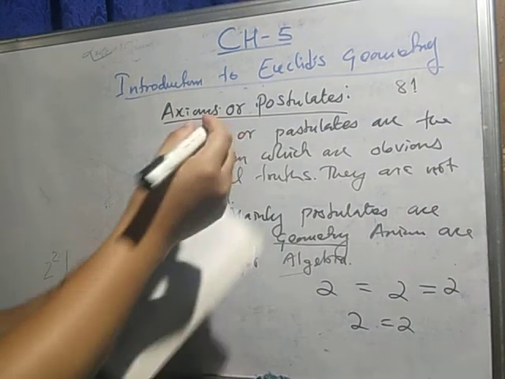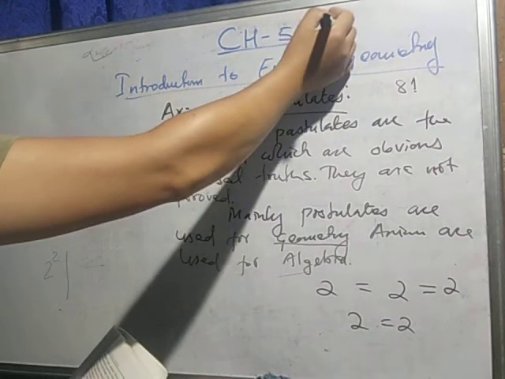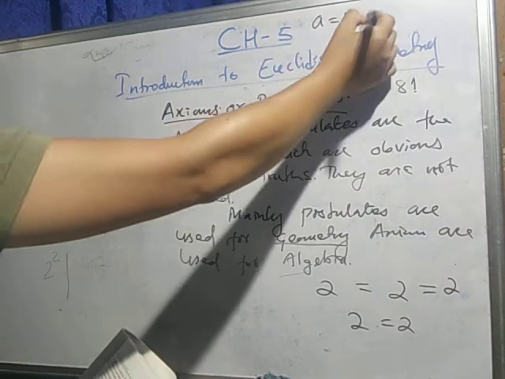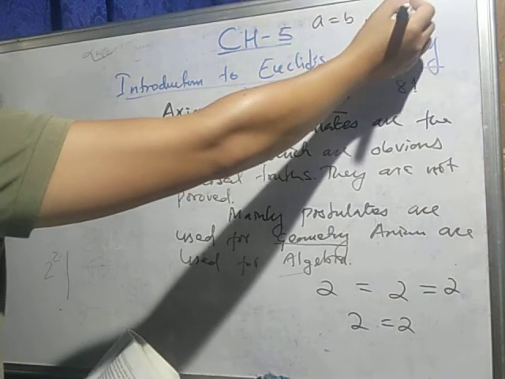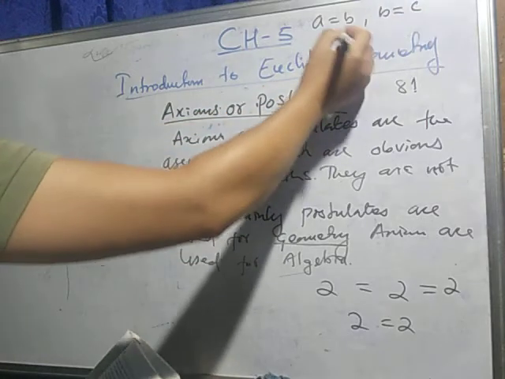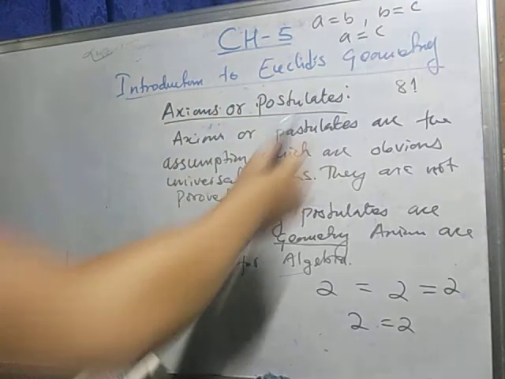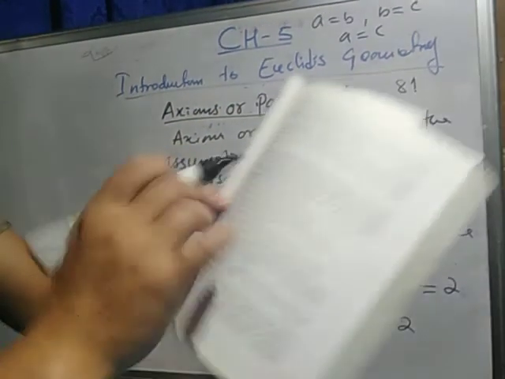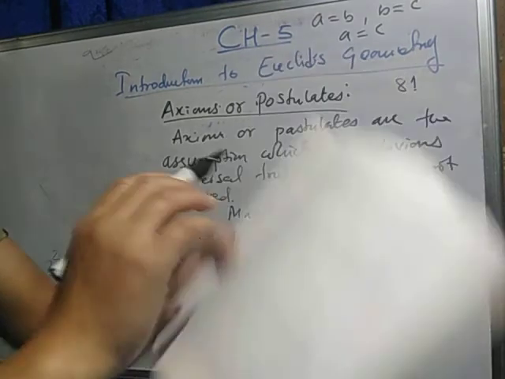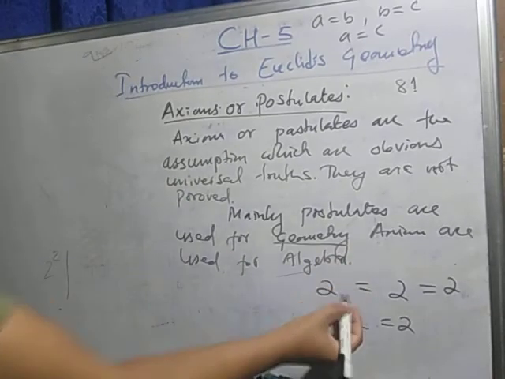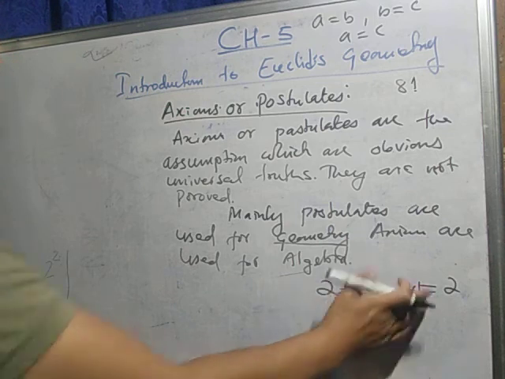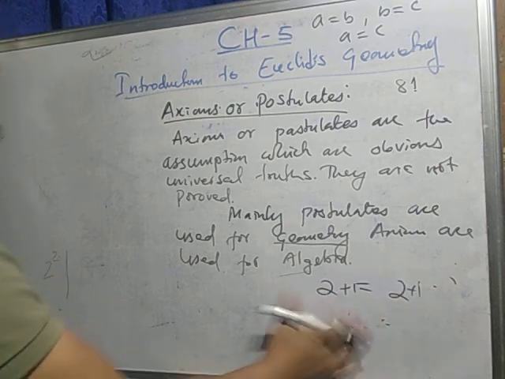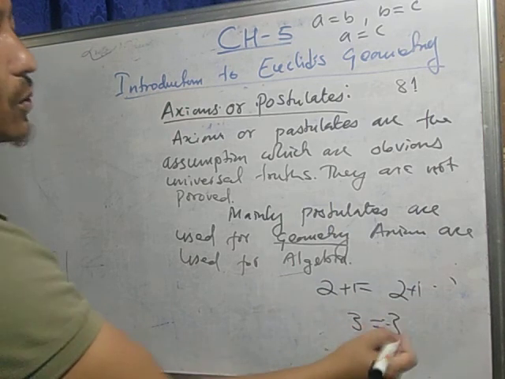Let's see, A equals B, B equals C, then A equals C. Likewise write down: if equals are added to equals, the wholes are equal. See, equals are added, so plus 1 added to equals, 2 are equal, so 3, the wholes are equal.